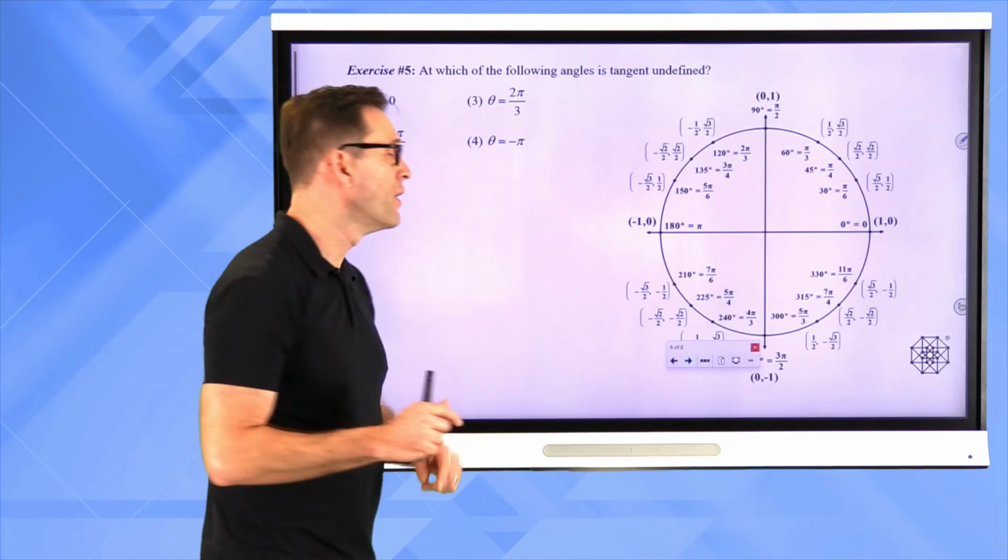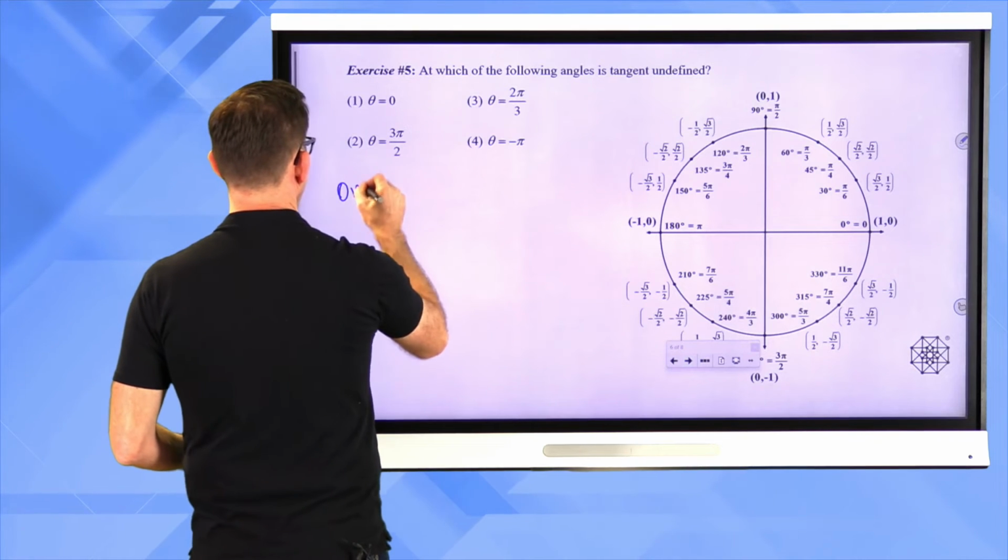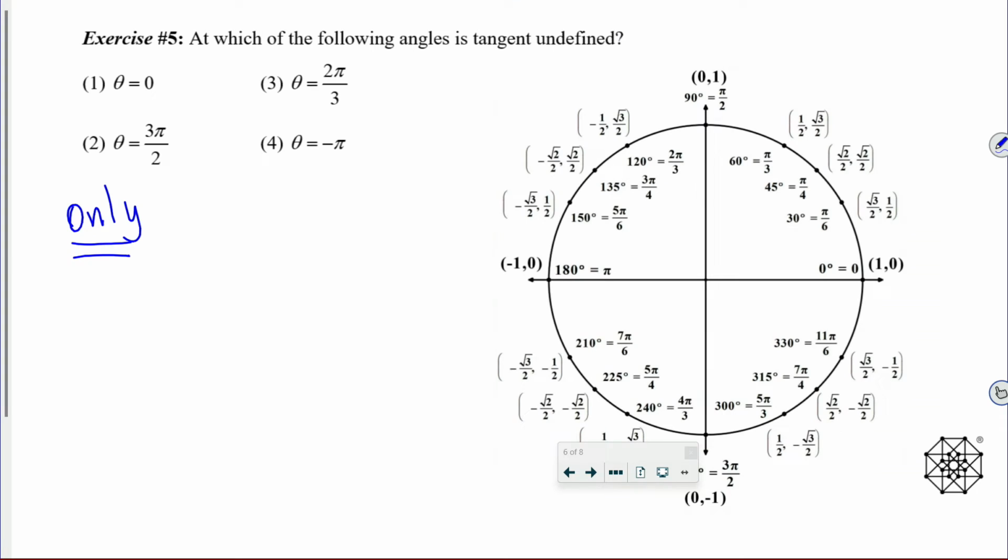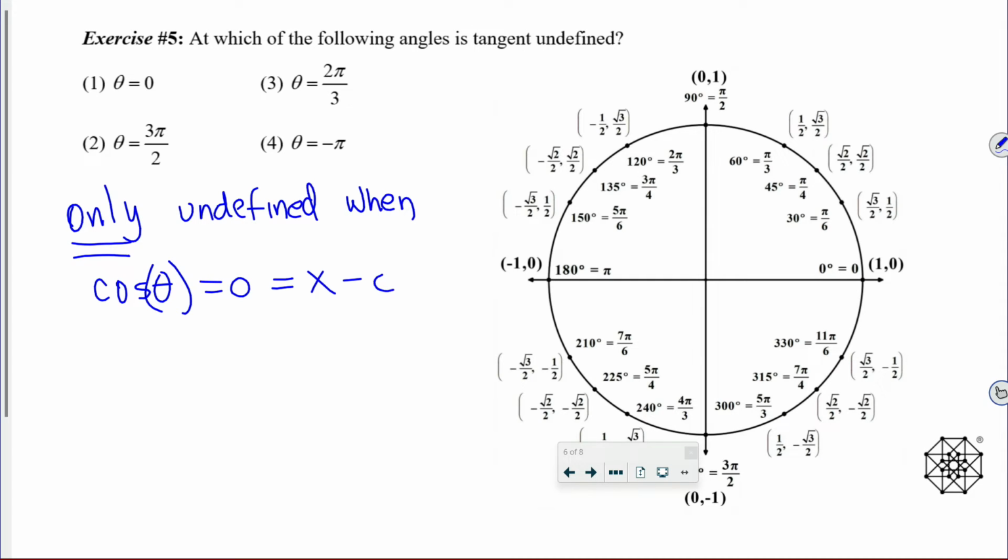Okay, so it will only be undefined, and I really want to be keying in on this, only undefined when cosine theta equals 0, which is the x-coordinate on the unit circle, right?